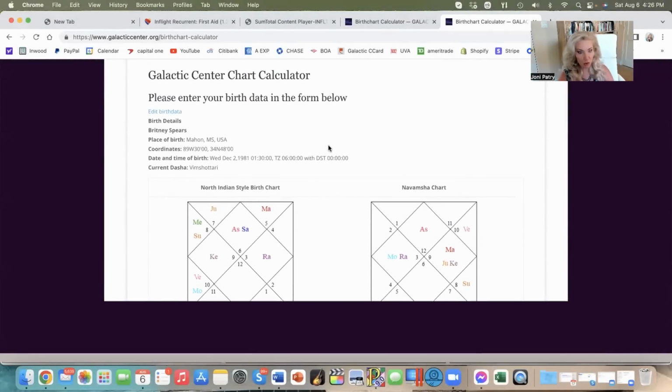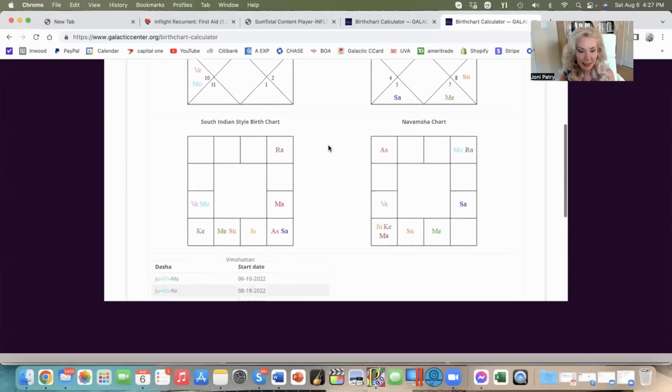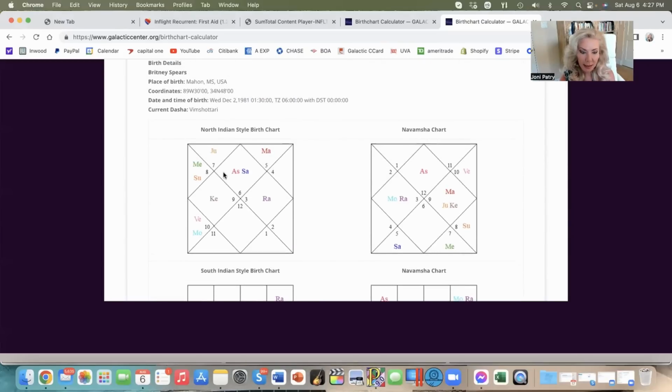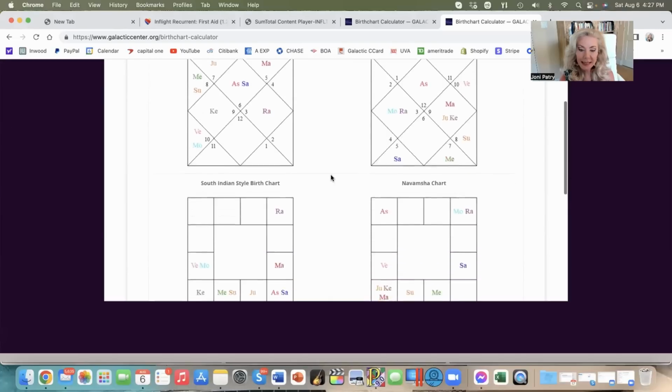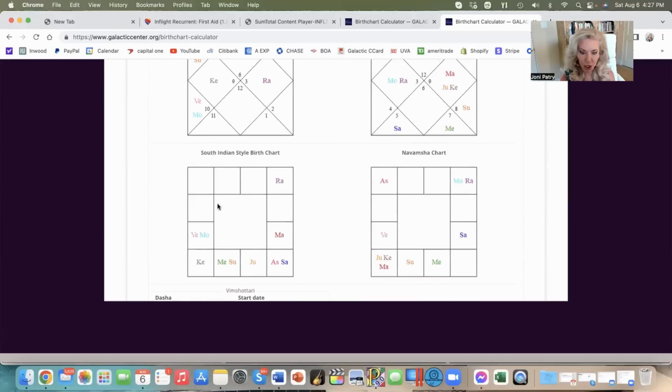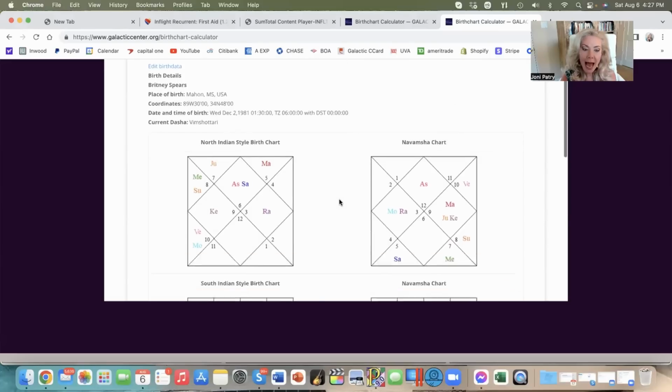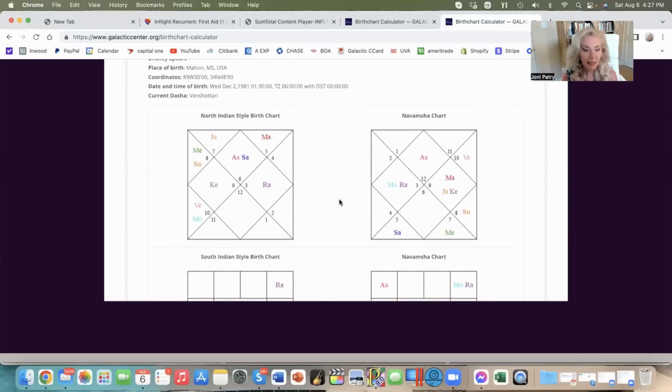So now that you put all the information in and the charts come up, they look like this. This is the North Indian style chart, and this is the South Indian style chart. Now let me explain how they're set up, because it doesn't matter if you are doing North or South. They both read the same.